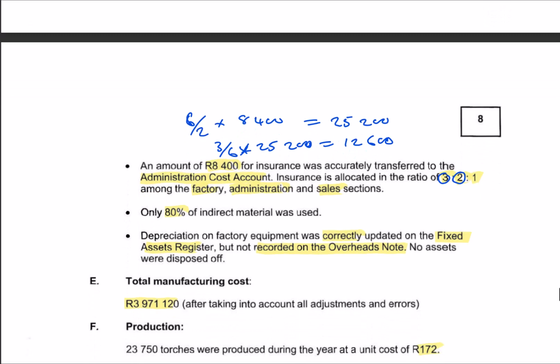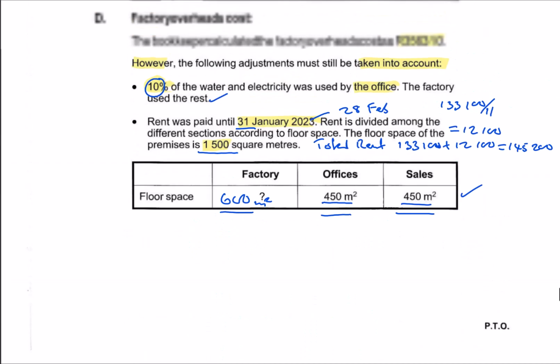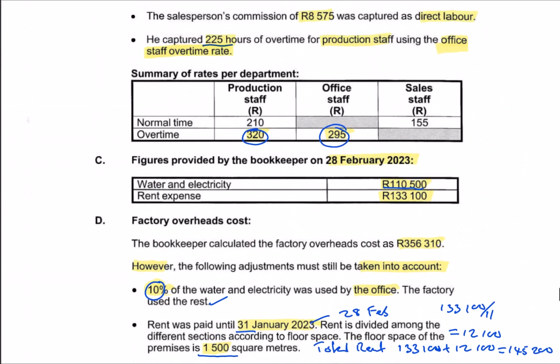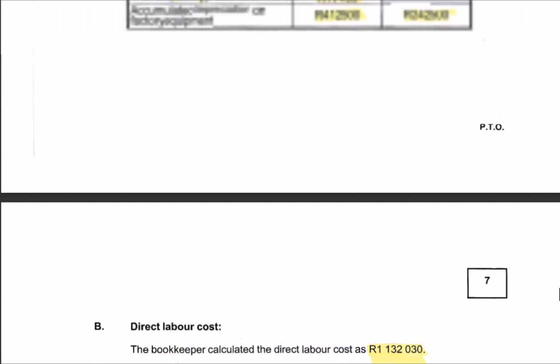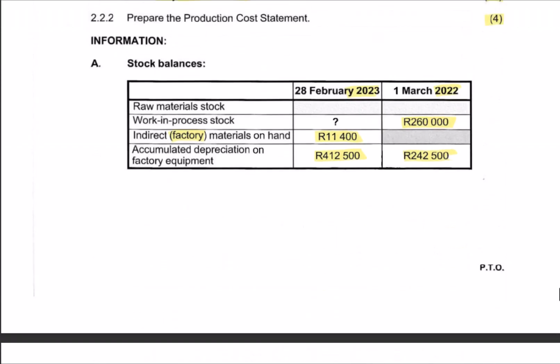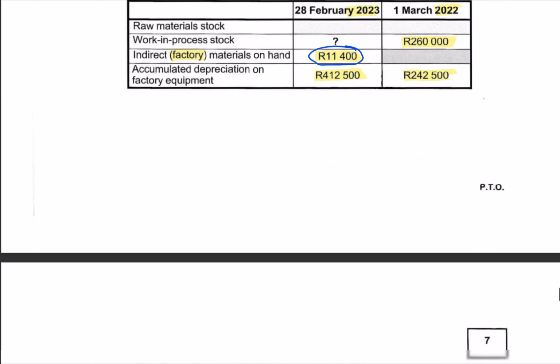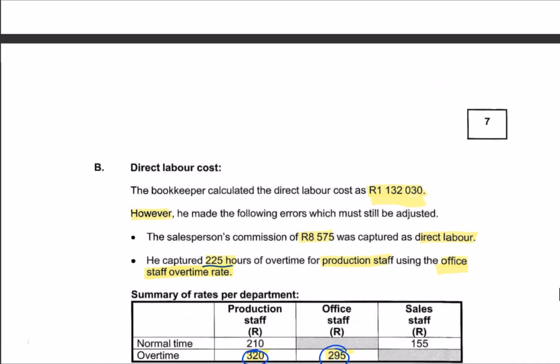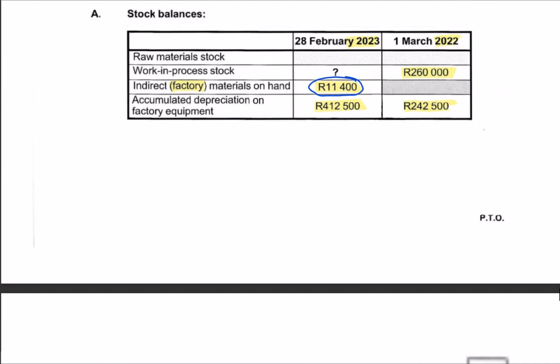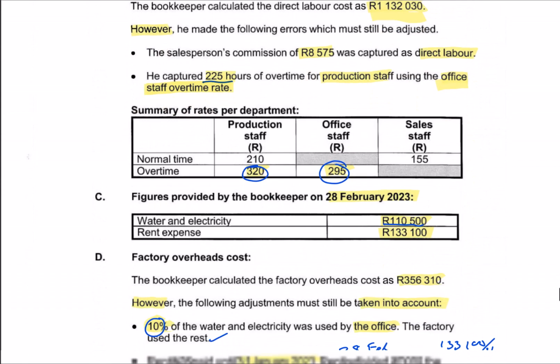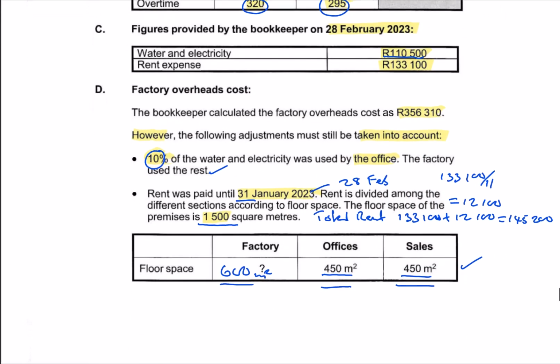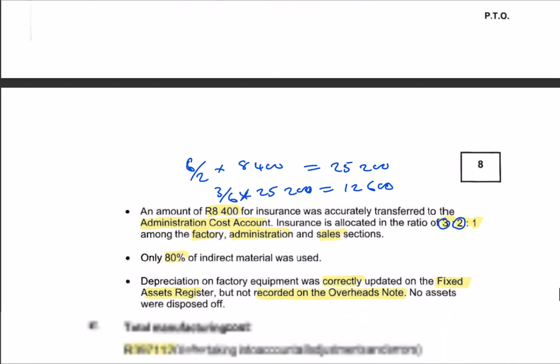Then 80% of indirect materials was used. So 80% of indirect materials was used, and we're given the closing balance of indirect material here. This is the closing balance. So 80% was used. So what is the 80%? We're dealing with this part here.